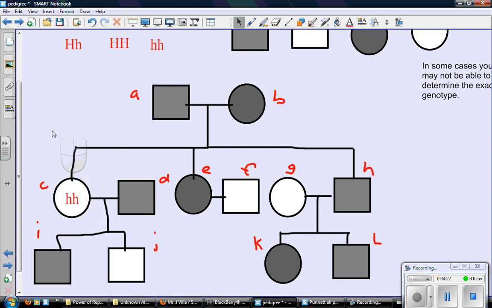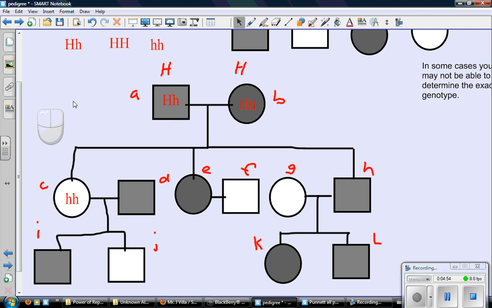Mom and dad must each have the dominant gene because they're both purple fish. But what else must they have? Each of them must also have the recessive gene, because one of the recessive genes in C came from the father and one came from the mother. Therefore, both of the parents must be heterozygous.